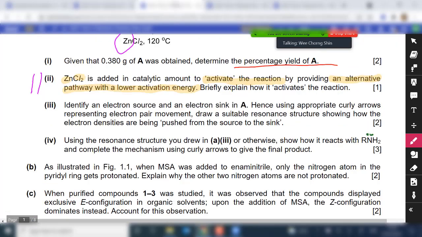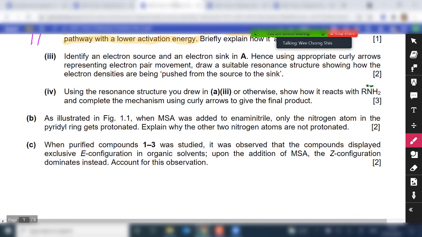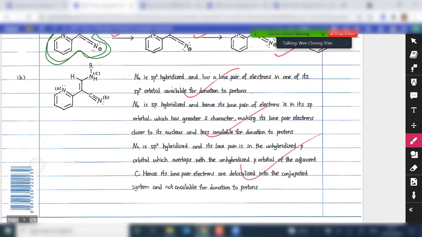Then come back to reality, because we need to ask you why the other two nitrogens are not being protonated. I reminded you just now that there's something to look out for.